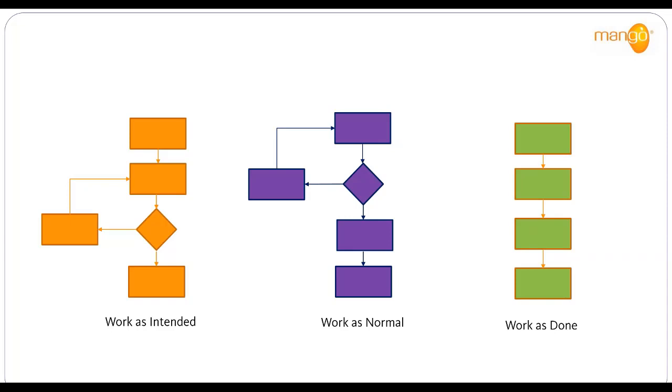Maybe something was missed, or a particular stage was skipped over. You can do the flowcharts for each of those three to highlight gaps, then work on what those gaps are, and maybe improve your processes because there's a gap there. So that's the second one, where you can compare the ideal with what's actually happening.